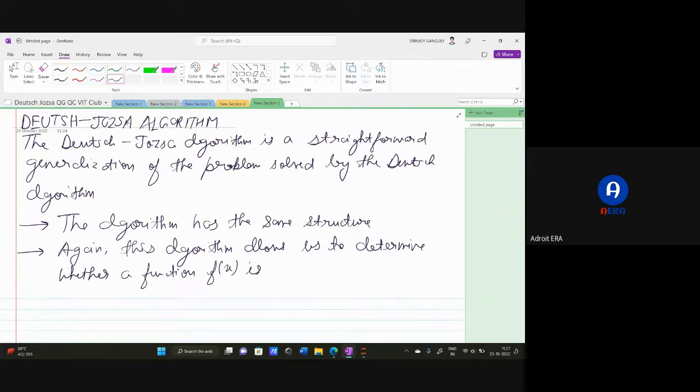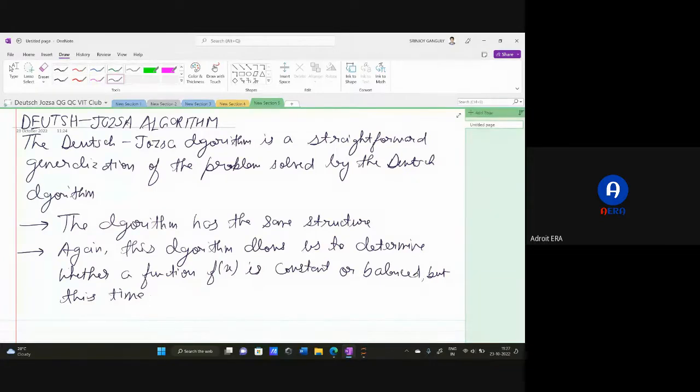So the criteria is the same, we are again trying to find out constant or balanced. But this time, the function has multiple input values.